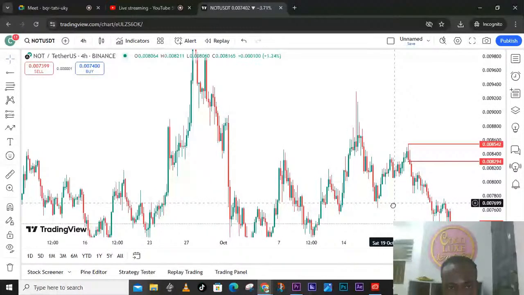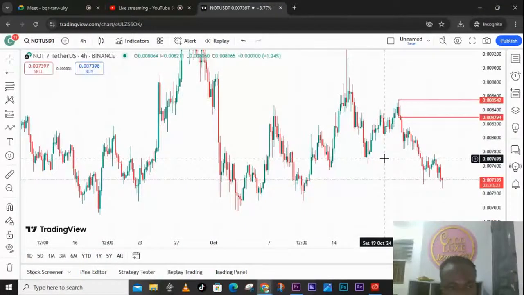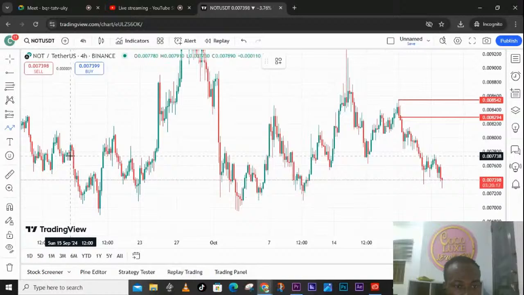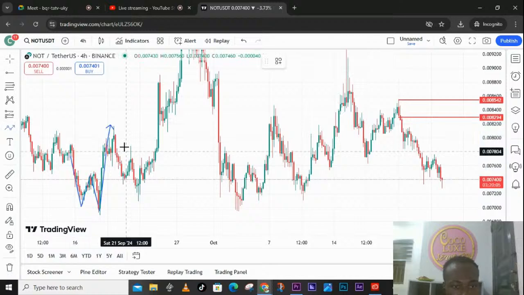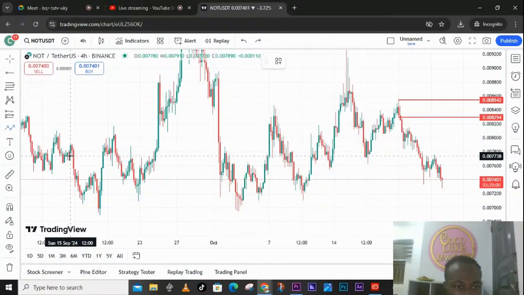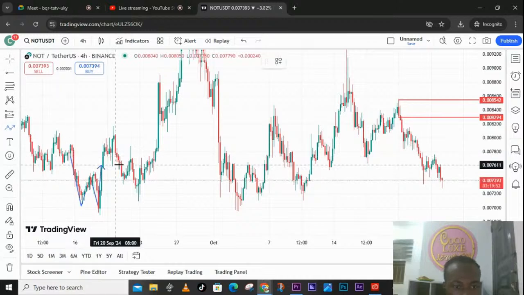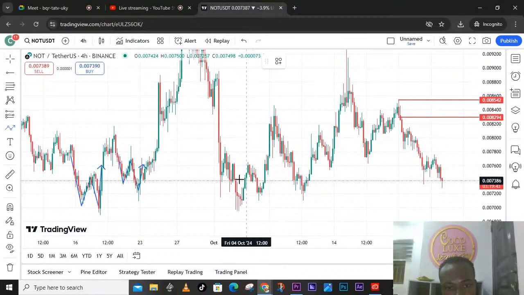Looking at Notcoin, based on the W pattern and M pattern on the chart, from the past, when the market came here, it gave us something like a W, right? So I think it's something that's going to be working. It gave me a W here, and it gave me a W here.